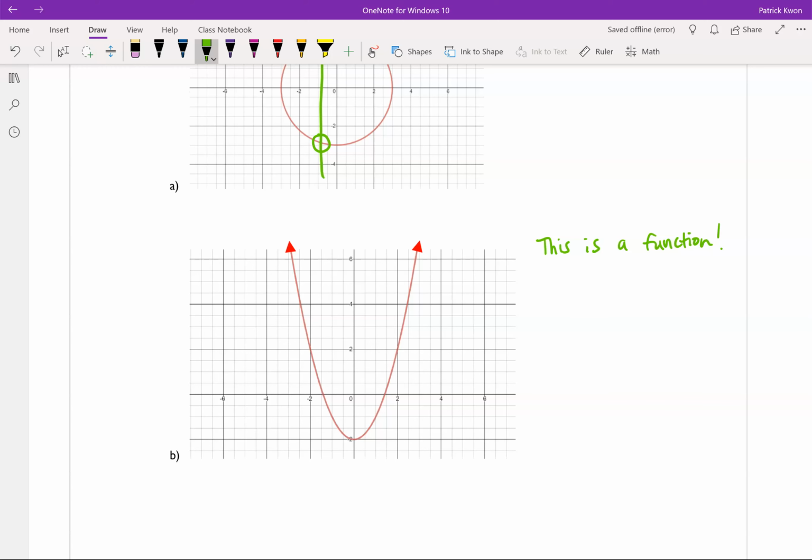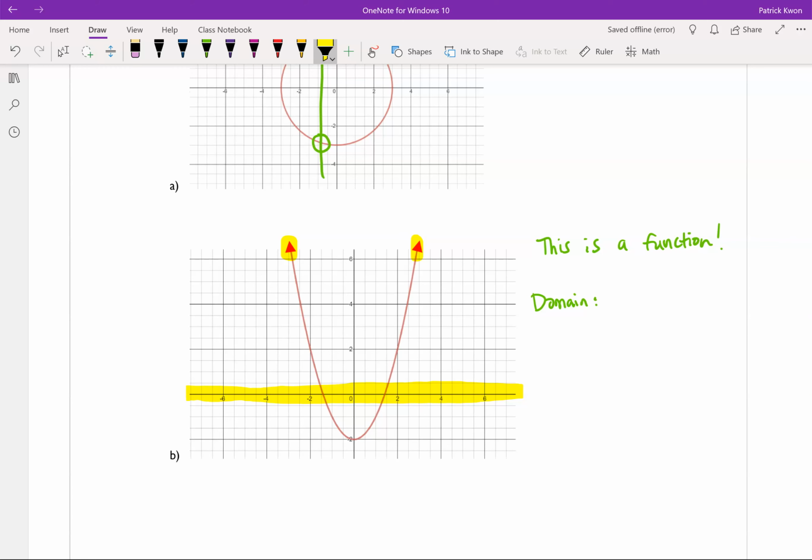Now, that means that we want to talk about the domain and range. So let's start off with the domain. Remember, the domain represents the x values. And so if we look at the x-axis, which is what I'm highlighting right now, notice that the graph has these little arrows right here, which indicate that it's going to go on forever in both the left and right directions.